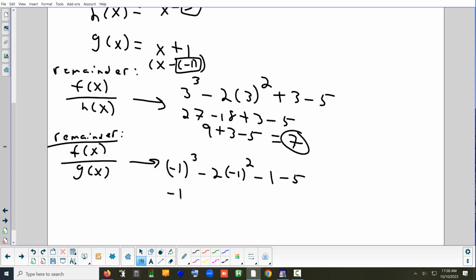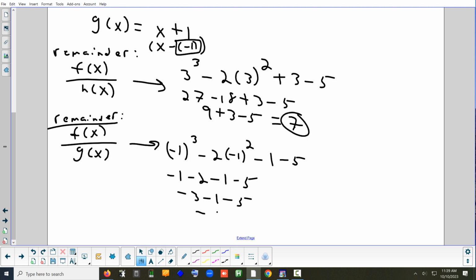So -1 cubed will give you -1. -1 squared is 1 times -2, so -1 minus 2. And let's just finish that up. -3 minus 1 minus 5 is -9. So what does that mean about g of x?